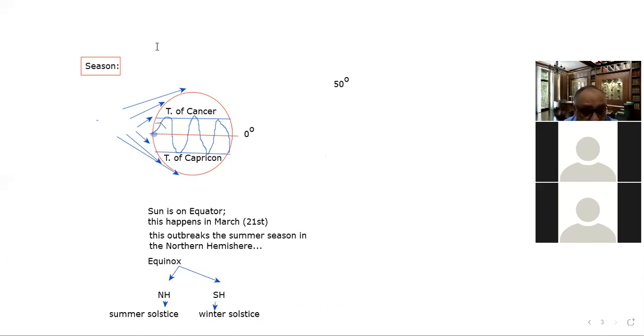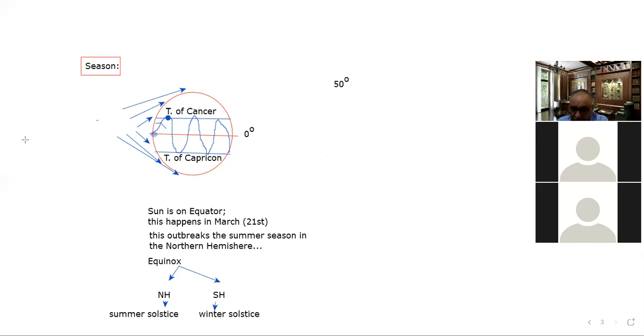And then the sun will keep on moving, and by 21st of June the sun will reach here, which is called the Tropic of Cancer in the northern hemisphere. So now, beta, what happens when the sun is in the northern hemisphere?